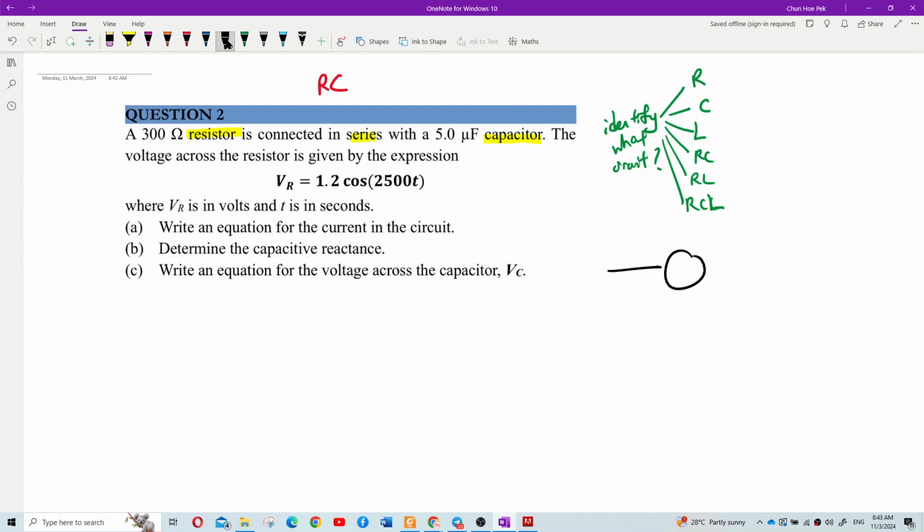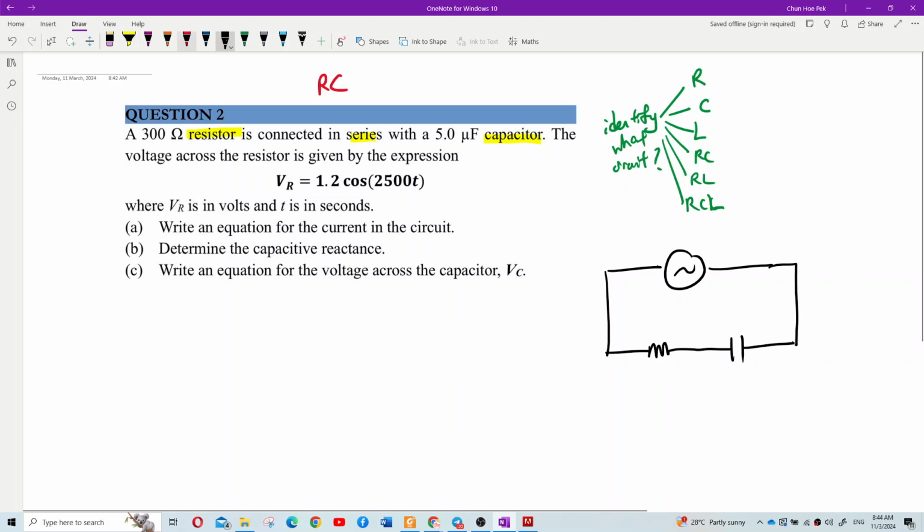Okay class, so we have this total voltage, we have resistor, we have capacitor. This is the voltage source or total voltage. Just now we found the total voltage.